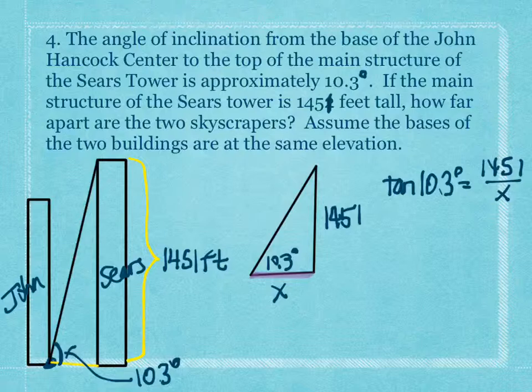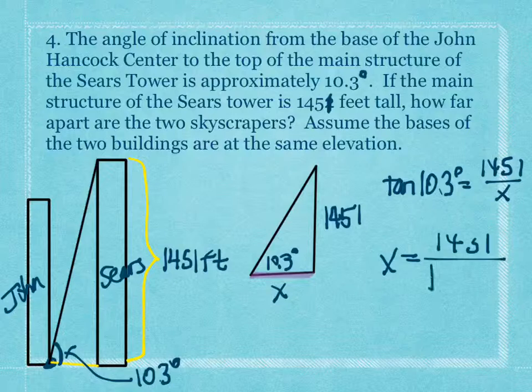Now I'm going to do two things at the same time, because we did a problem like this a moment ago and the setup was the same. I'm going to multiply by x and divide by tangent 10.3. So this turns automatically into x equals 1451 over tangent 10.3.